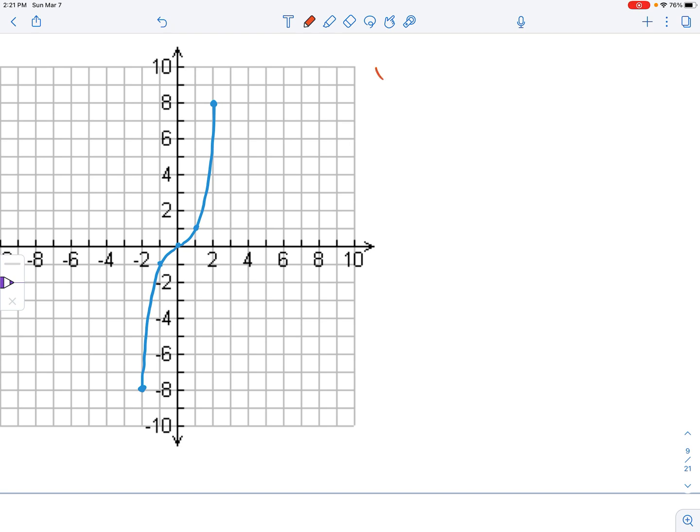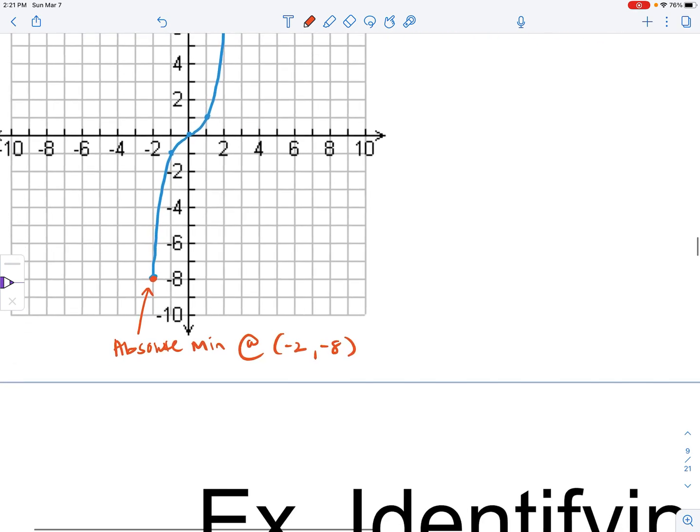Okay, so relative extrema: none. There's no relative extrema. There's nowhere the graph changes from increasing to decreasing or decreasing to increasing. I'm just going to make a note of that. I do see absolute extrema though. So there is an absolute minimum at (-2, -8), also known as a global minimum.